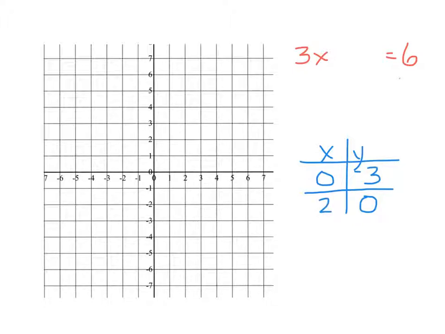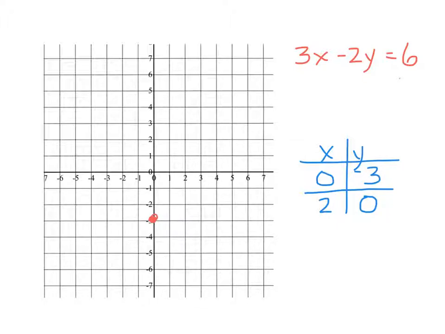So now I have these two different points, the point (0, -3) and the point (2, 0). I'll go back and put what I had in here for my original equation, and now I can go through and put in those two coordinate pairs. One of the points that I have is the point (0, -3), which would be right here where I'm putting my dot.